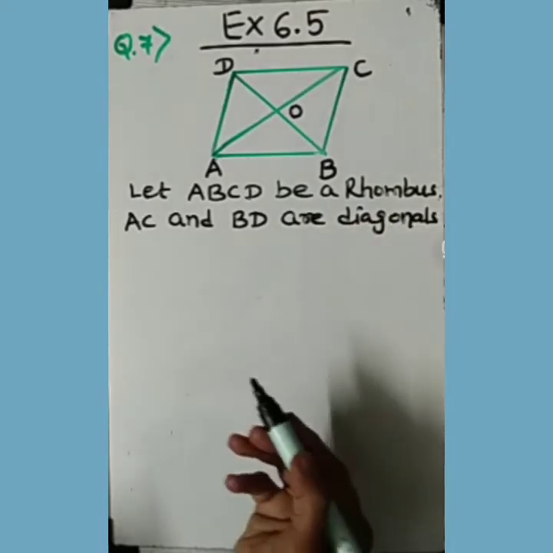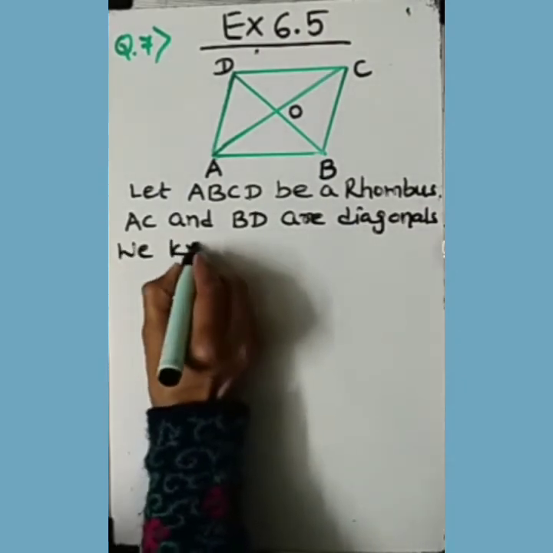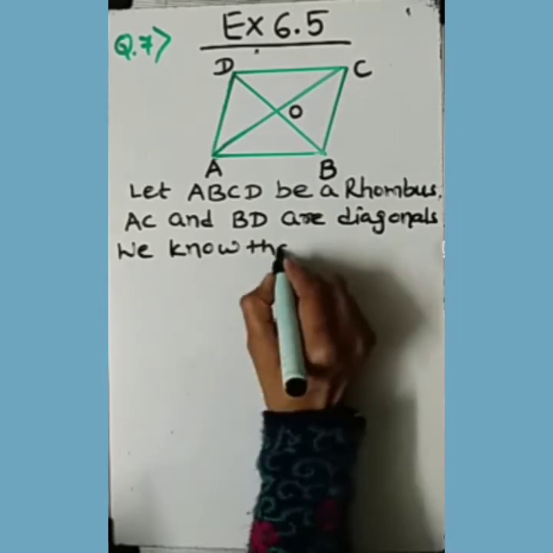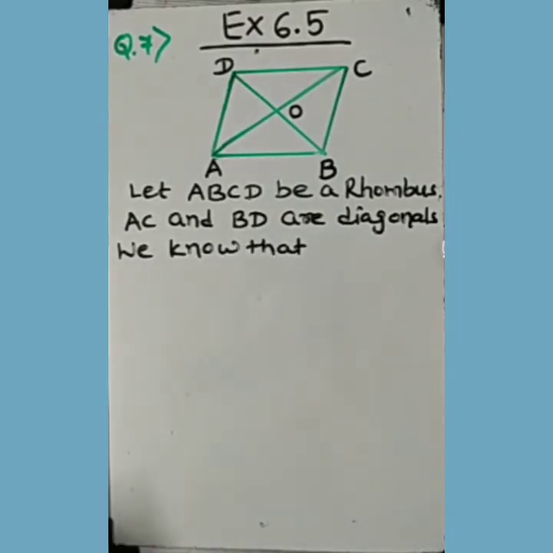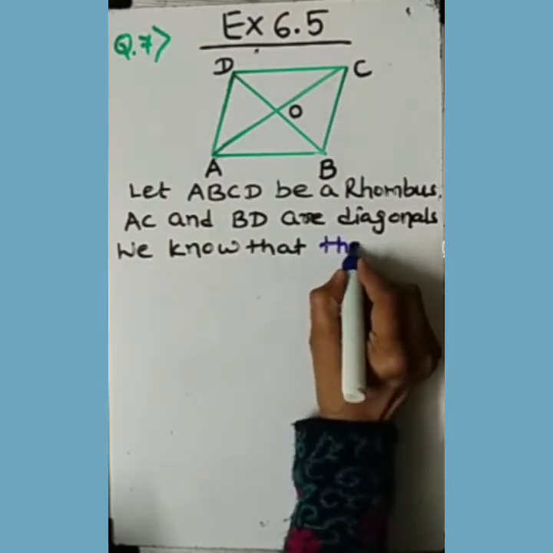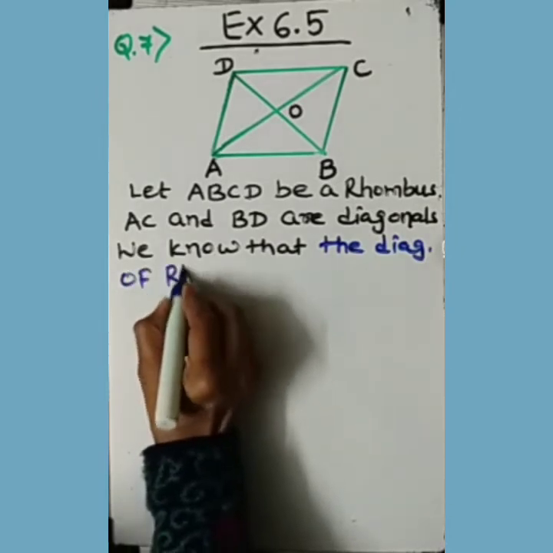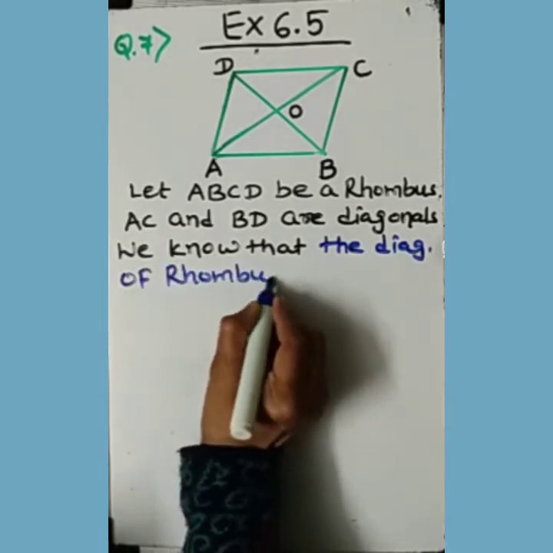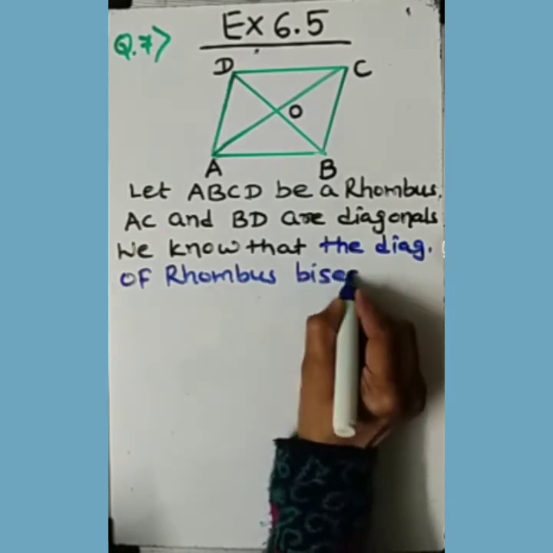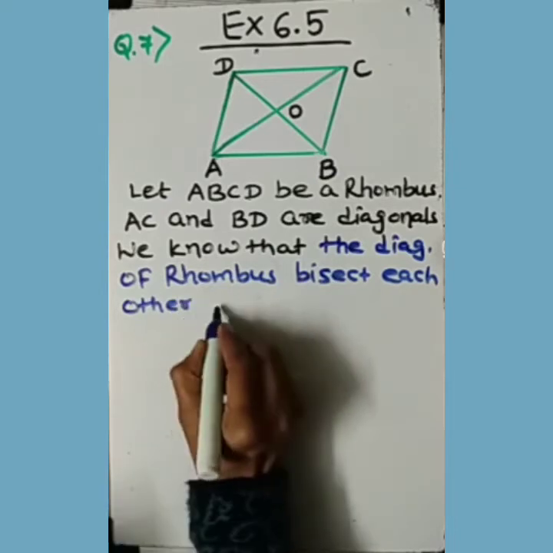Now along with this, we know that the diagonals of a rhombus bisect each other at 90 degrees. We know that the diagonals of a rhombus bisect each other at right angle.